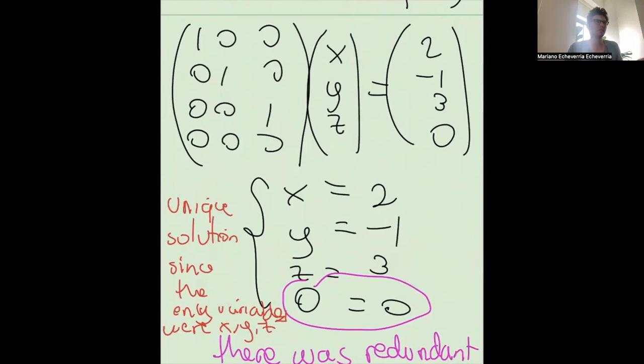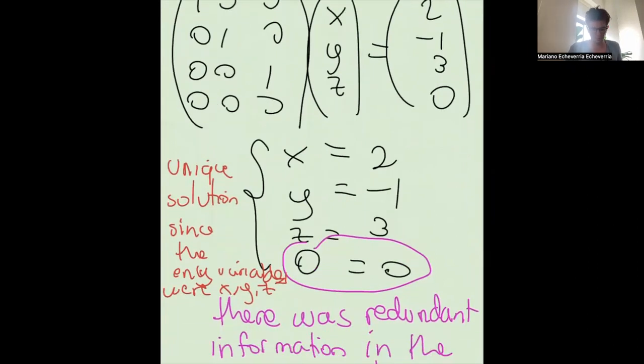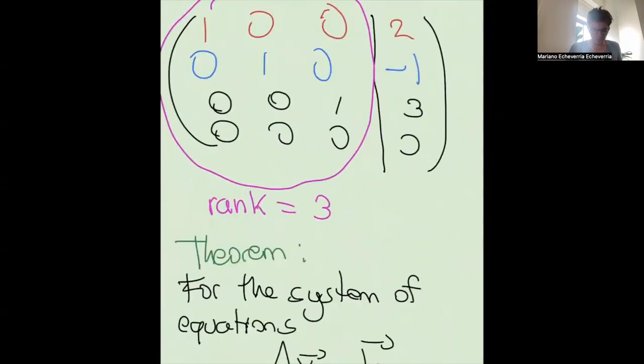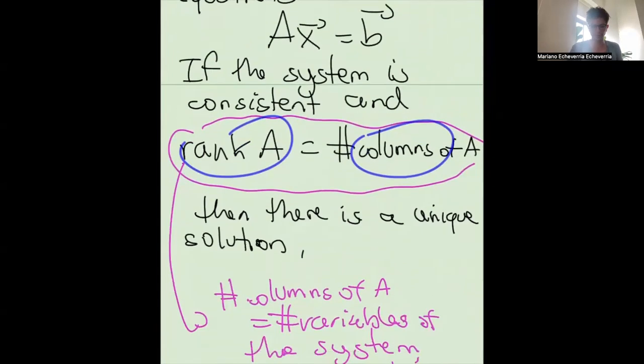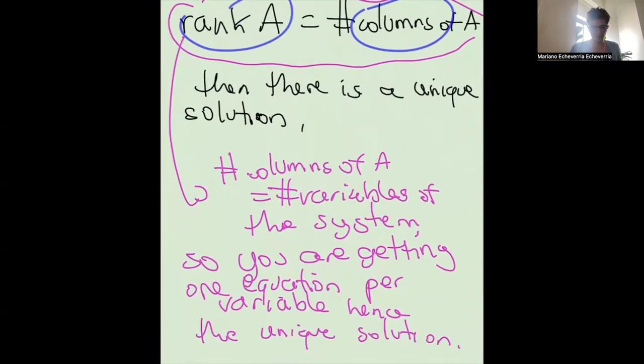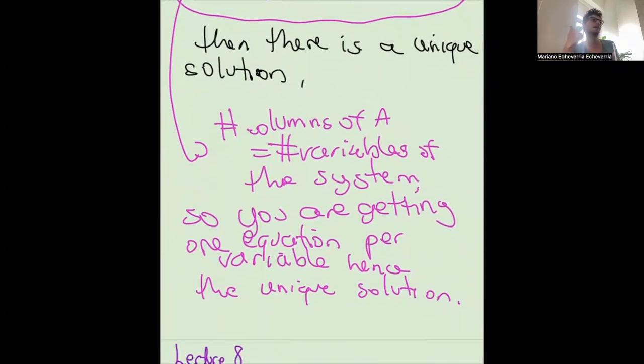The number of columns is the number of variables in the system. So that means that if the rank equals the number of columns, there will be a unique solution. Basically, because there's kind of like an equation per variable, that means that every variable should just have a specific value.